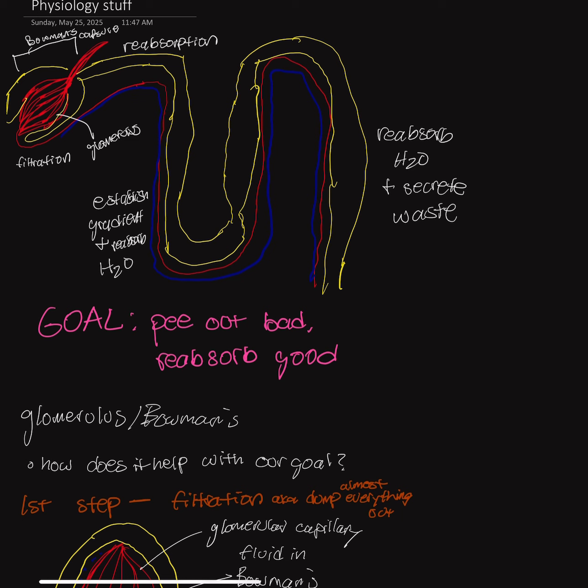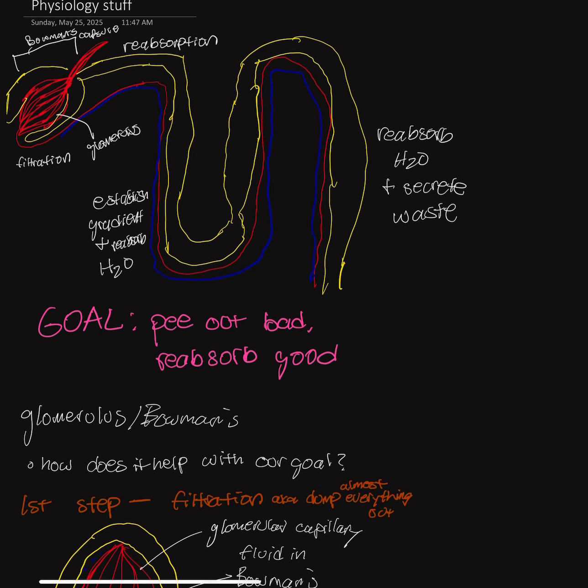So the glomerular capillary holds the blood like any other capillary would, and it's the smallest unit of the circulatory system, going from artery to arteriole. So the glomerular capillary is just a small set of vessels that filters out blood, and we'll go into what that really means in a little bit.